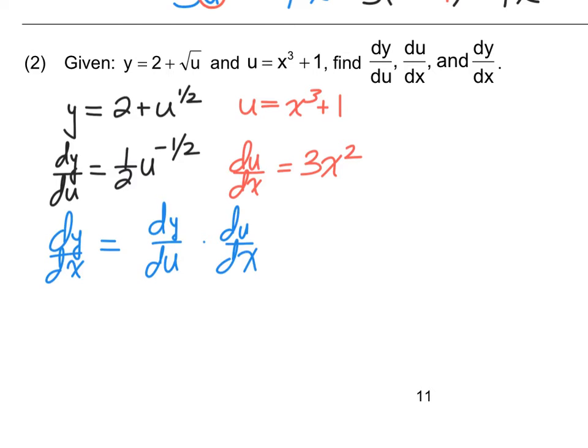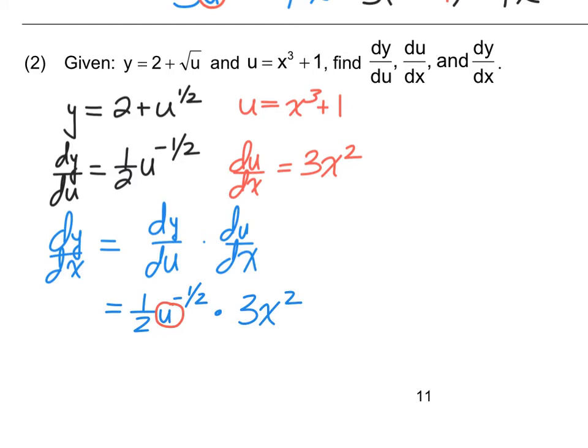All right, so I know what my dy du is. It's 1/2 u to the negative 1/2. I can rewrite that. I know my du dx is 3x squared. My derivative should only be in terms of x, so I want to swap out the u for what it is in terms of x, and they tell us flat out here that u is x cubed plus 1.